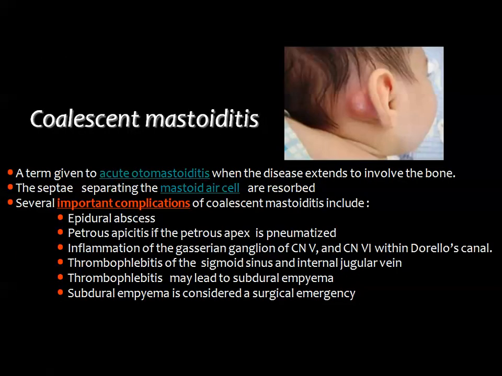Coalescent mastoiditis is the inflammation of the mastoid air cells whenever it involves the bone. At that time, the mastoiditis is known as coalescent mastoiditis.